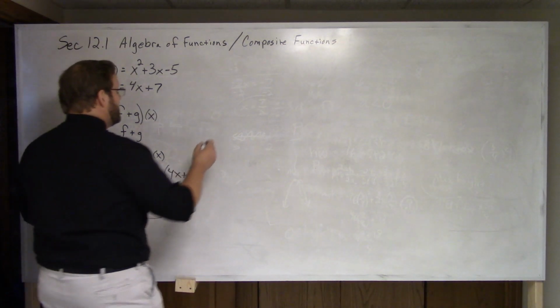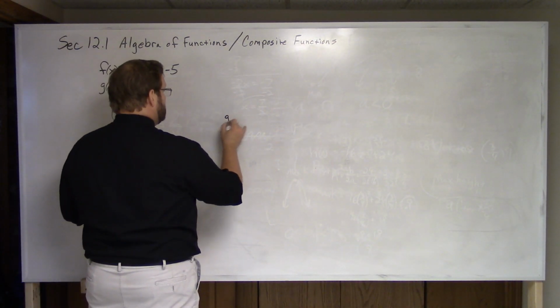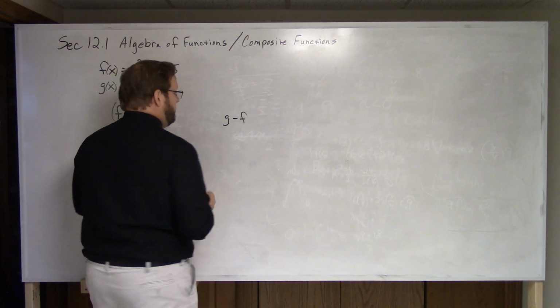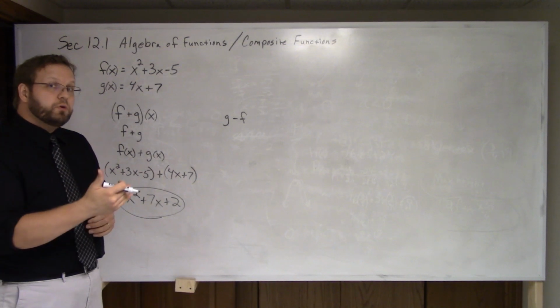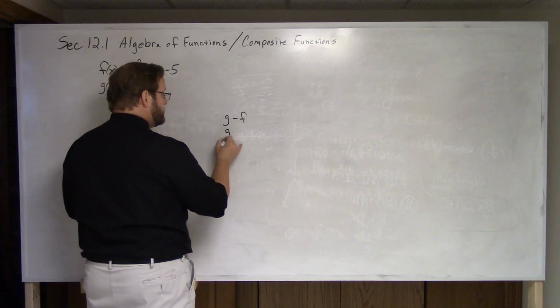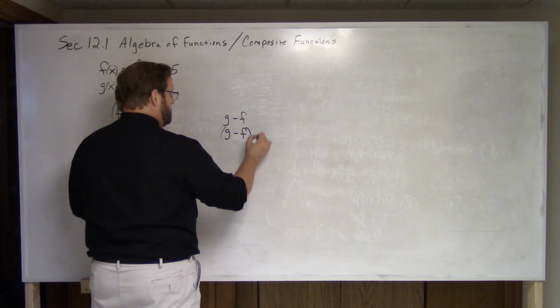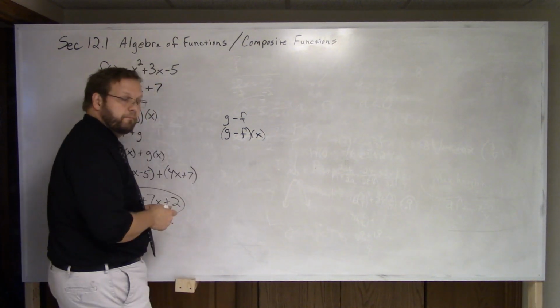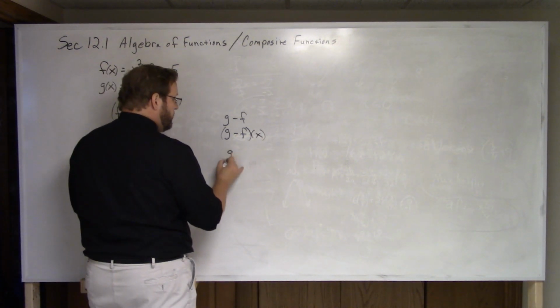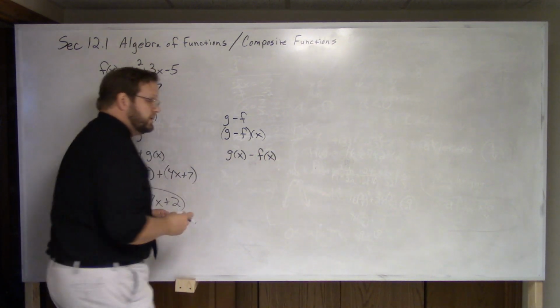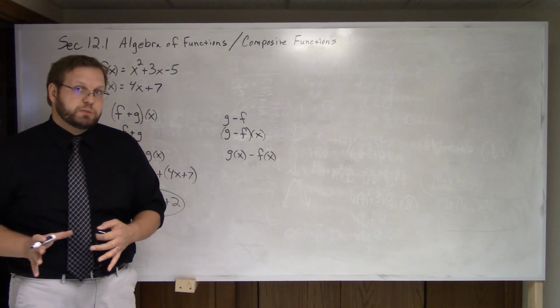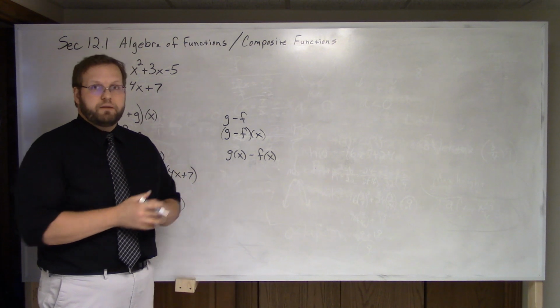Now, what if we have g minus f? Something like that. Now we're subtracting. Remember, if there's no input listed, that's really understood to be x. And then you could think of it like so, where we literally are just taking the g expression, subtracting the f expression.